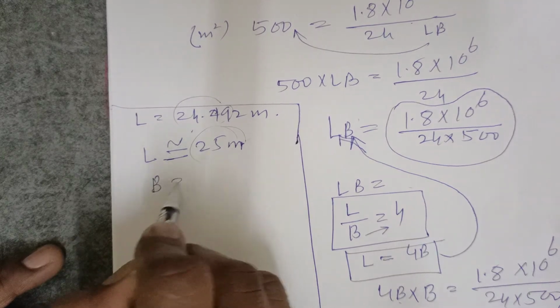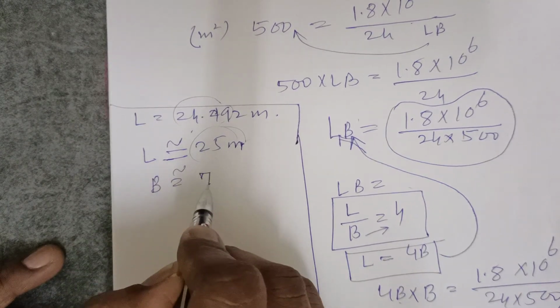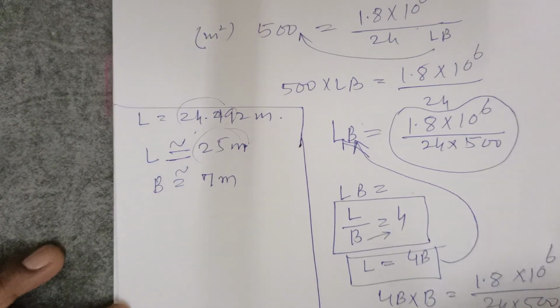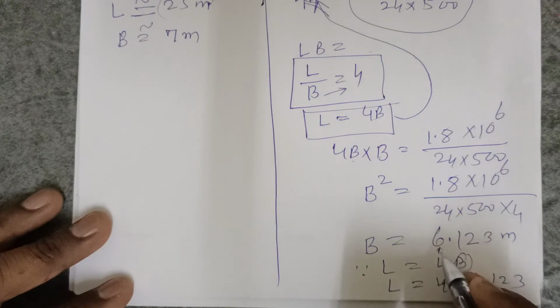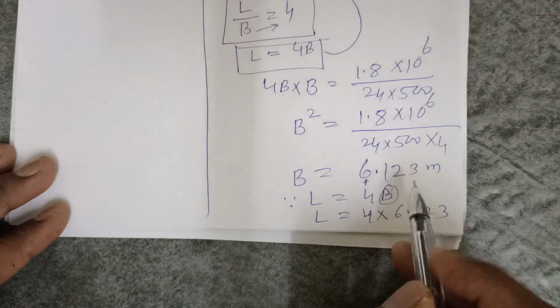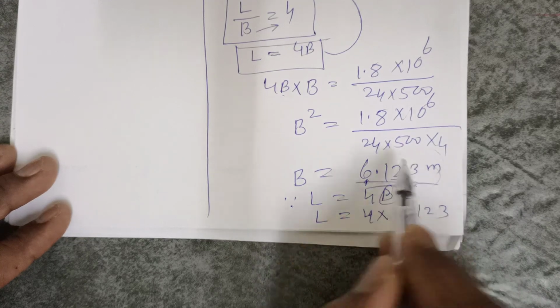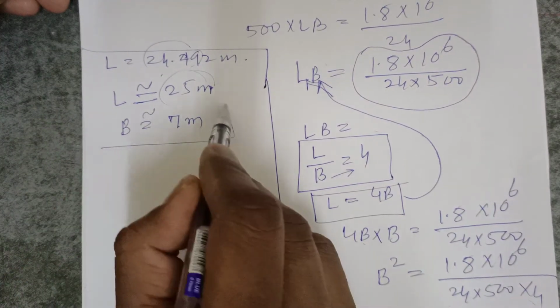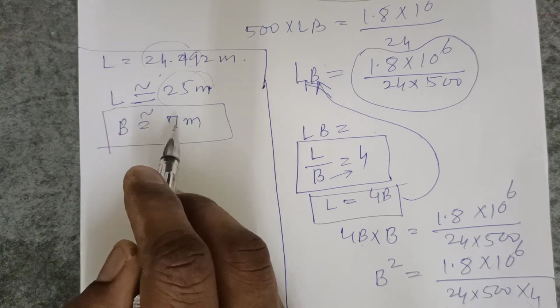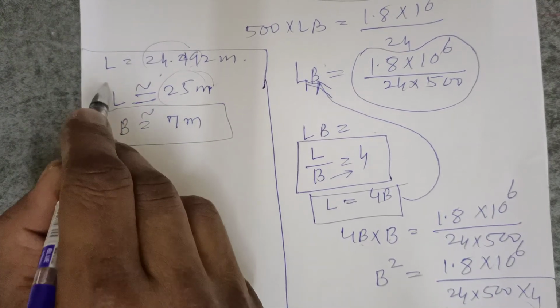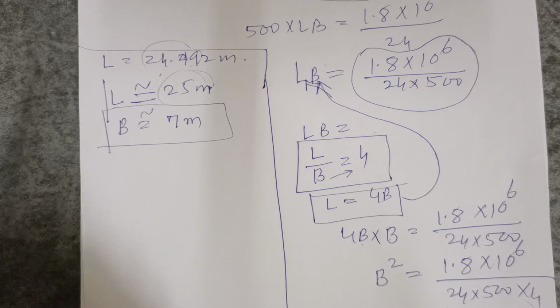Similarly I will take B in round figure, that is 7 meter. This was actually 6.123 meter, so I will take it as 7 meter here. So here I got the dimensions L and B.